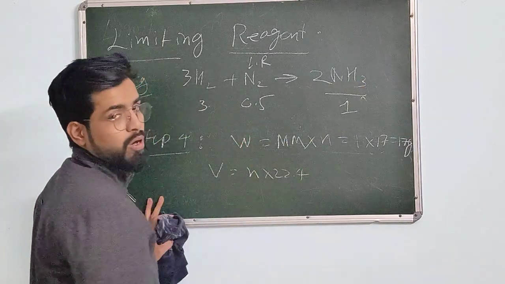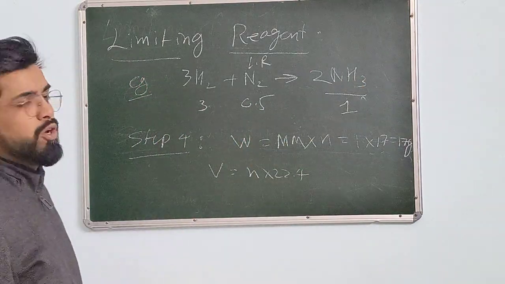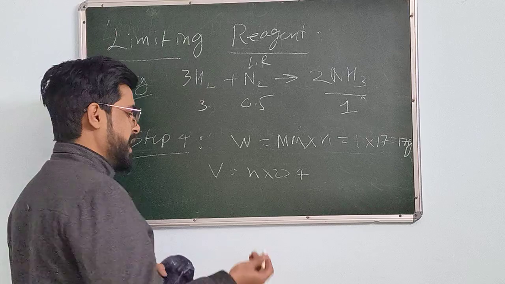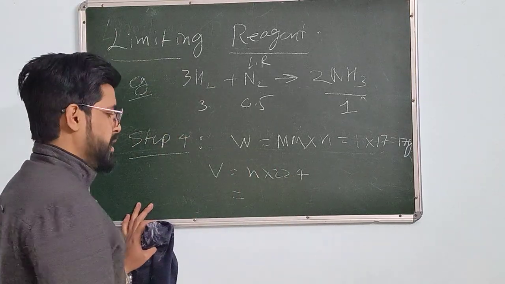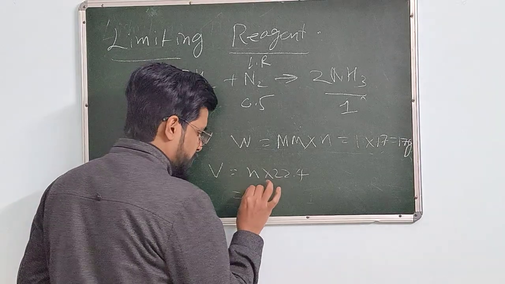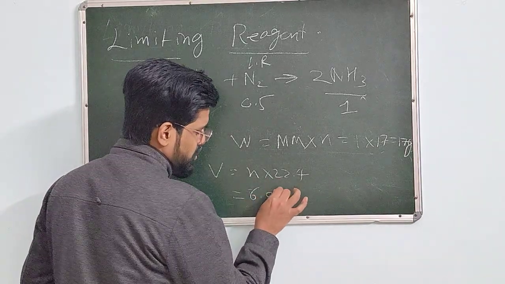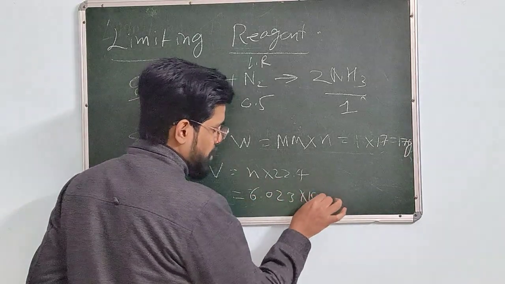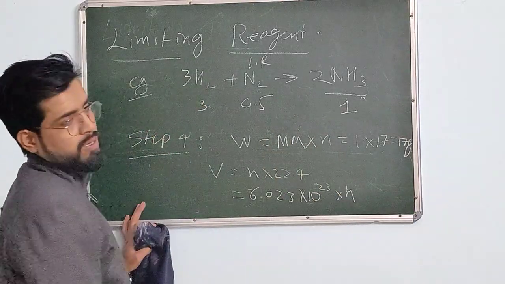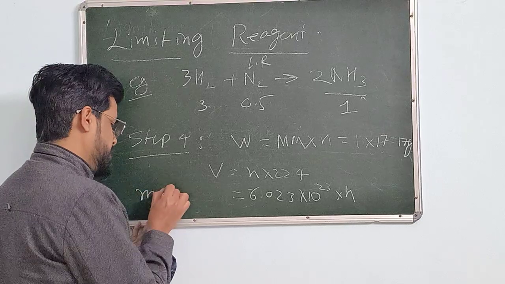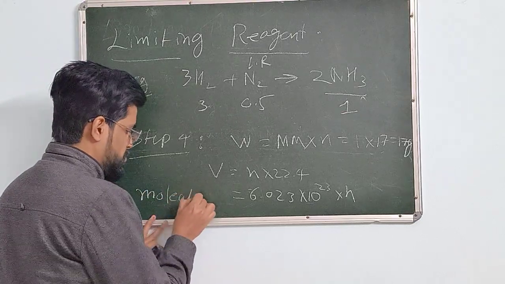When we put the moles of the product, we get the volume. If they are asking about the number of molecules, then multiply by 6.023 times 10 to the power 23 times moles. Then we get the number of molecules.